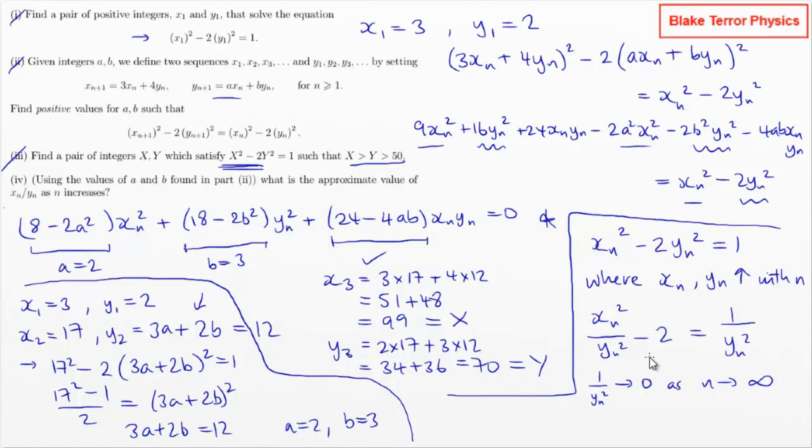So as n gets bigger, which is what we want, as n increases, we are going to get that xn squared over yn squared will tend to 2 as n tends to infinity. So that's the square of it. So we want just the square root of that. Therefore, I've run out of the screen here, but anyway, therefore xn over yn will tend to the square root of 2 as n goes to infinity.